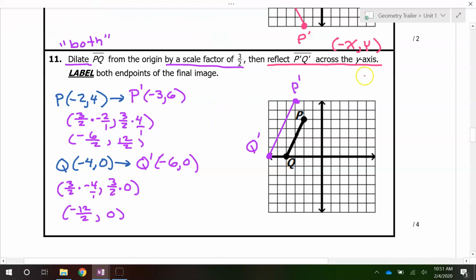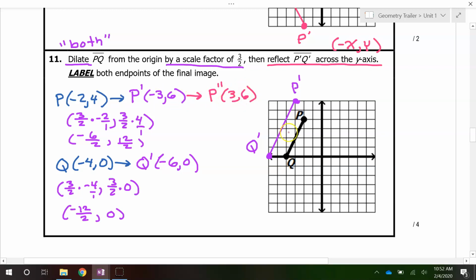Okay, so I could use the rule if I wanted to. So if I want to find P double prime, which is what you call it when you do a second transformation, I could just do opposite of x, comma, y. Opposite of x is 3, and then y is 6.